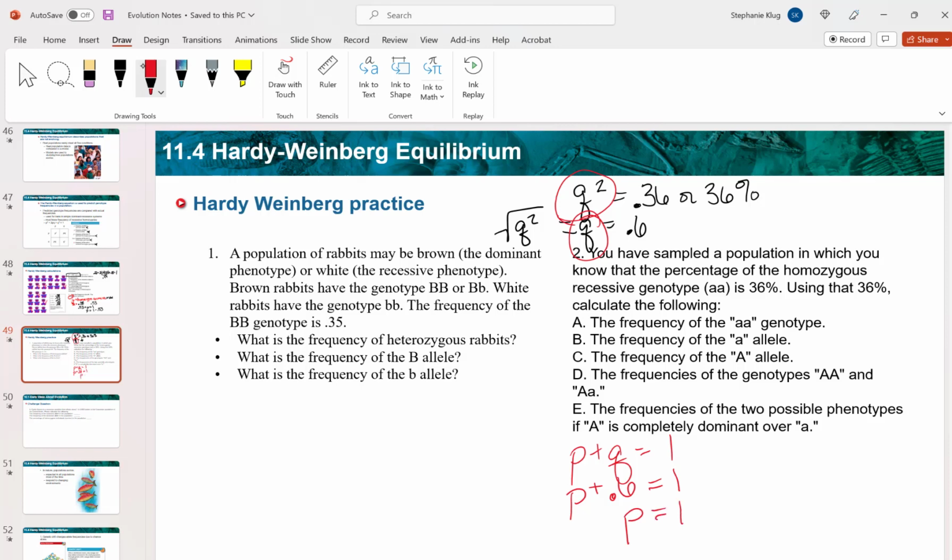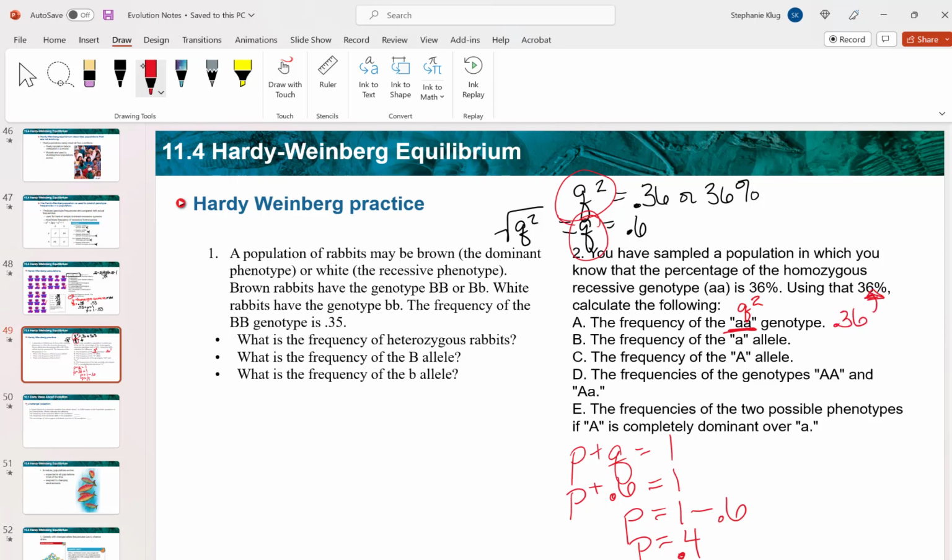P equals 1 minus 0.6, which is 0.4. So now we have P, we have Q squared. So the frequency of the genotype aa, which is Q squared, is 0.36, which we got from right here.